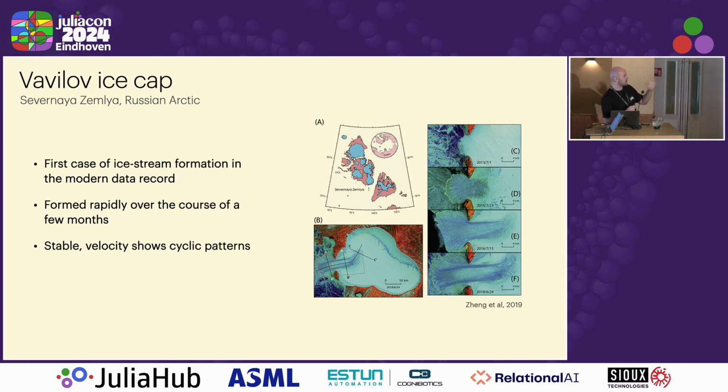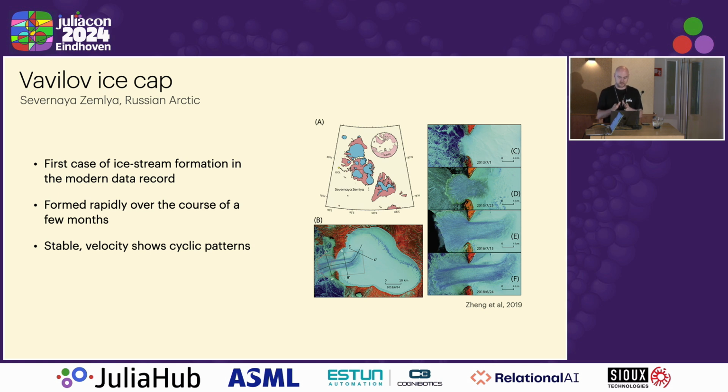Right, so there are some smaller examples that are our toy models that we play with, and one example is this Vavilov ice cap, which is part of the Russian Arctic, and this is the first case of ice stream-like formation in the modern data record. Usually with Antarctica and Greenland, we can only look at the ice streams since they were there since forever, so we can only hypothesize what the time scales, dynamics and processes leading to the formation were.